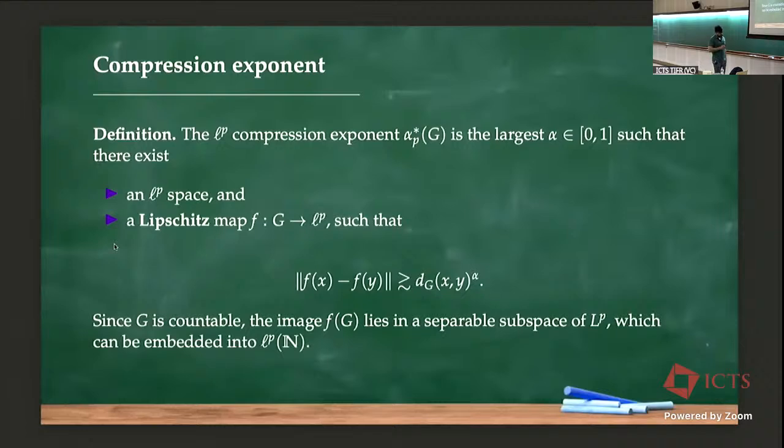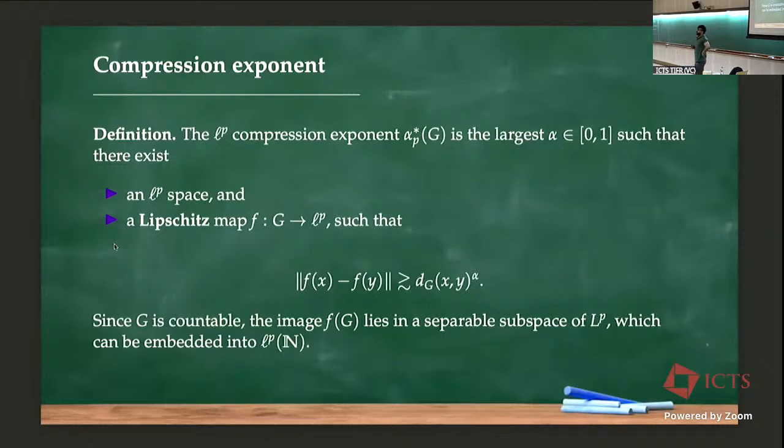Okay, so you might be wondering, the compression exponent of course depends on P, which LP space you find, and it depends on the graph G. It doesn't quite care about the measure defining the LP space, because, okay, I'm assuming G is countable, so we can always find the LP space with respect to the counting measure.